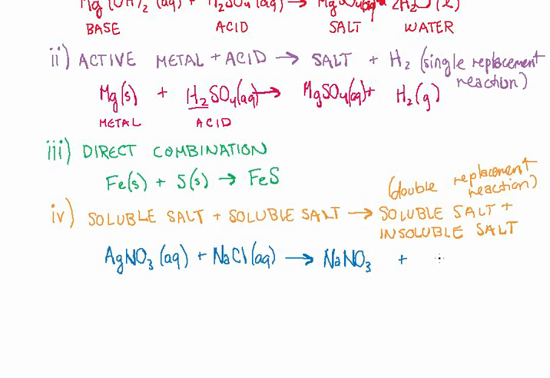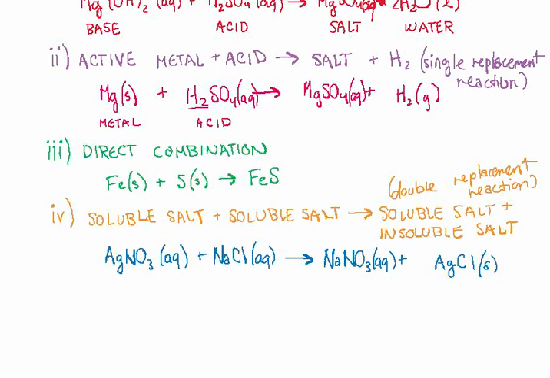And then the silver and chloride would combine. Now, silver chloride, as it turns out, is not terribly soluble. So probably when that happens, the silver chloride is going to precipitate out of the solution and become solid, versus this guy over here is probably still going to be aqueous.